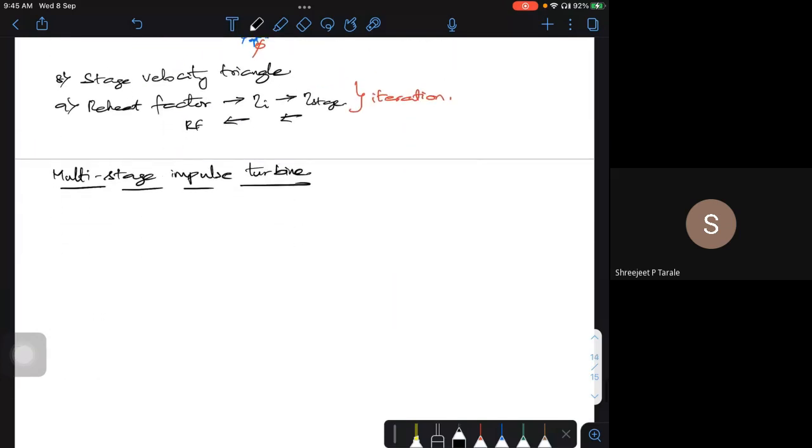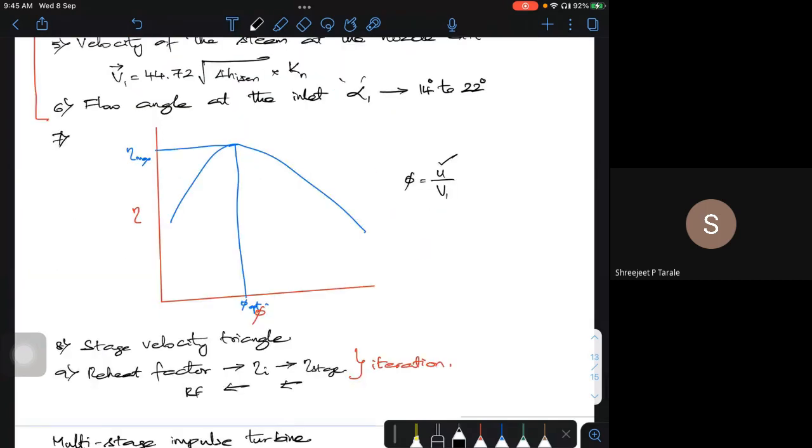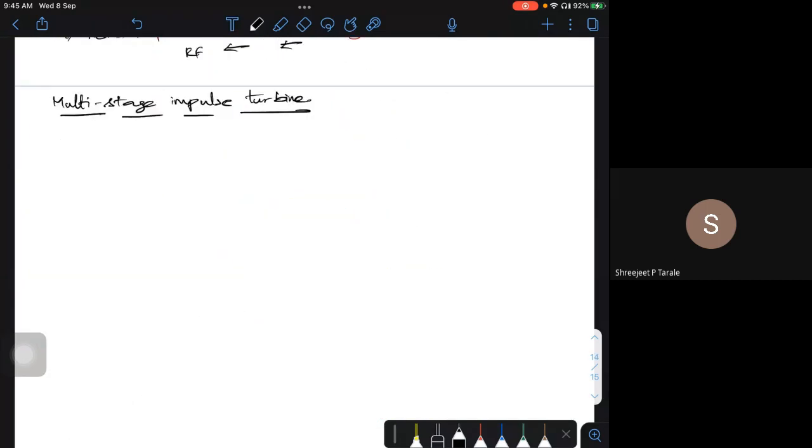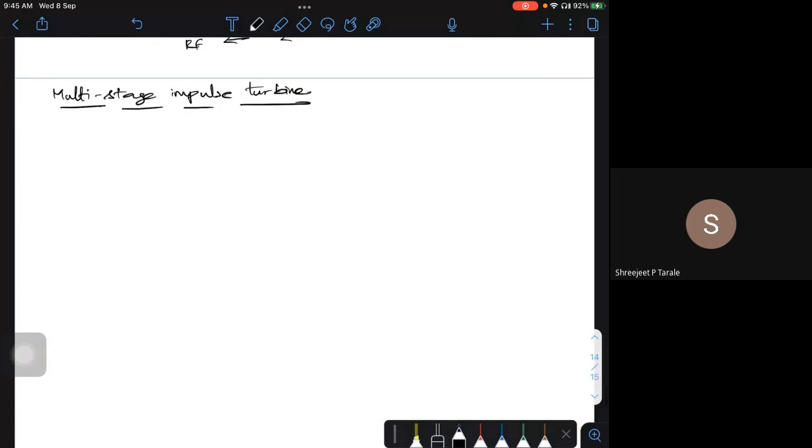Now, when you go for step 7, here they do slightly different calculations. If it's a single stage, I'll do that. What they do is, we know phi is equal to u by v1, and they assume this value as 0.1 to 0.3.